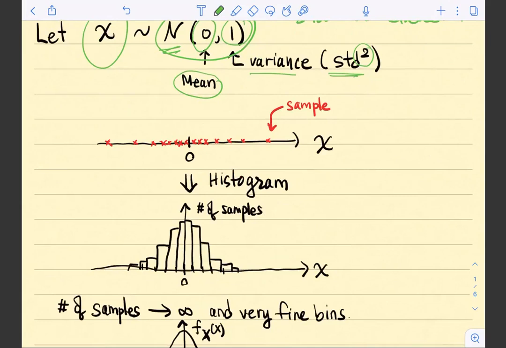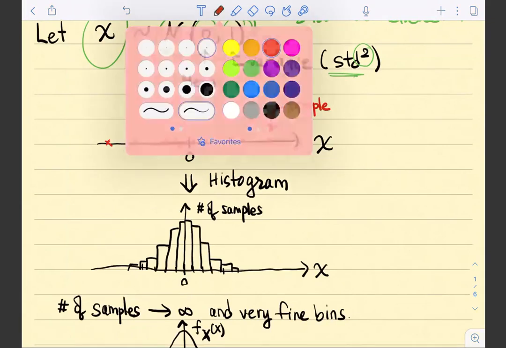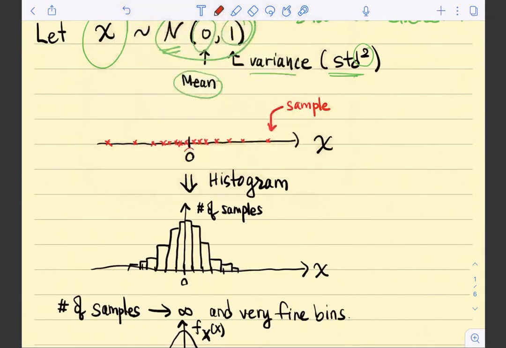So if I run some experiment, if I try different values of x, so here's 0. That's the mean. And you see that if I try to output the values of x, you get something here, you get something here, or sometimes you get something that is less than 0.